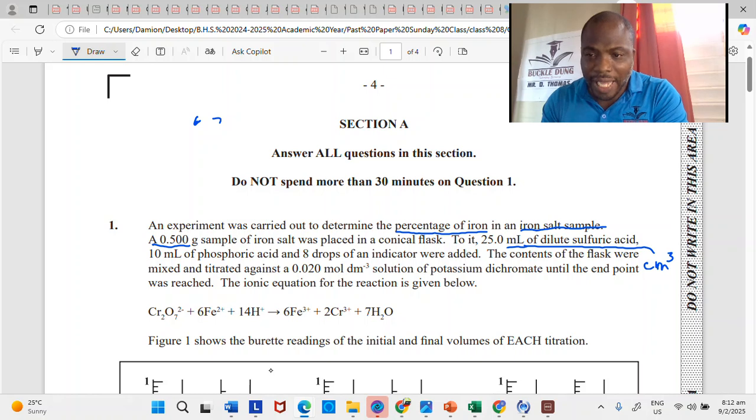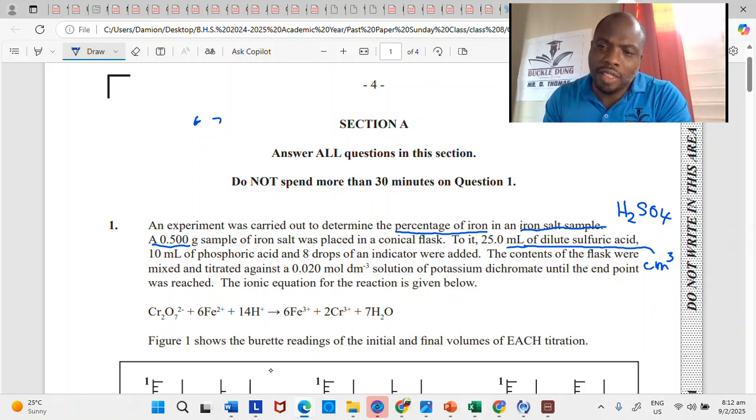Now of dilute sulfuric acid. What's the formula for sulfuric acid? H2SO4. Wonderful. And as I go along, I normally like to bring things up and prompt you.